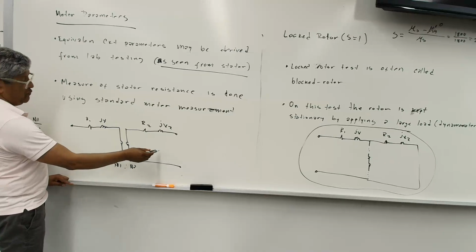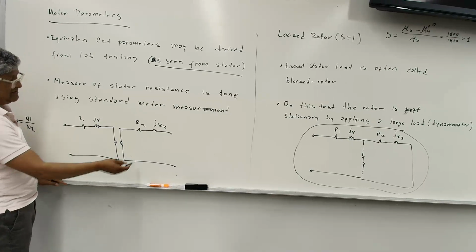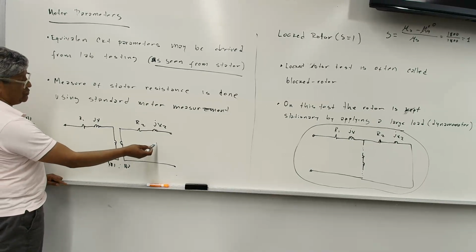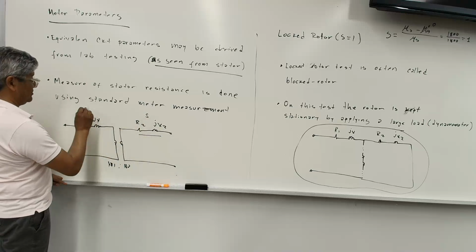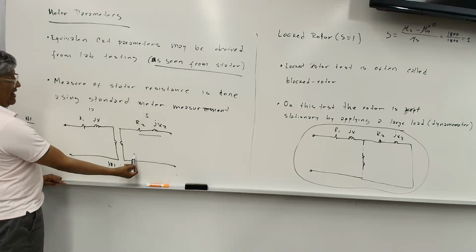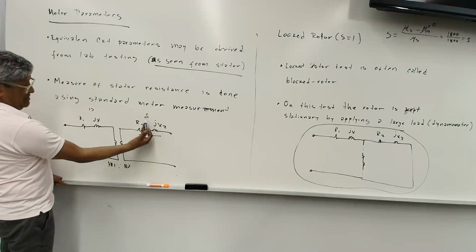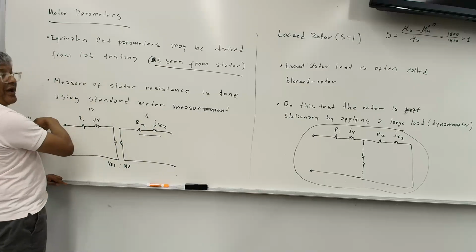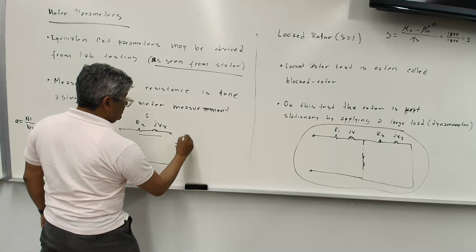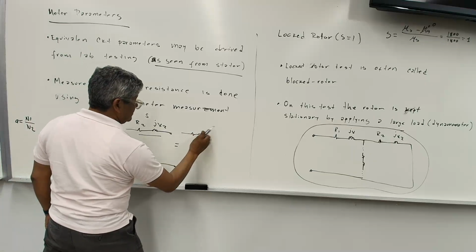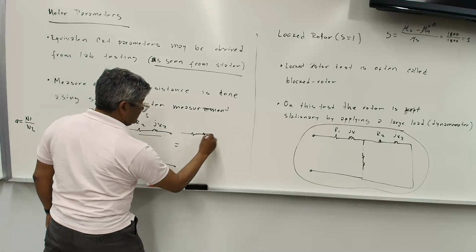One thing that I discussed in the lecture on transformers is that in order to get these parameters from the secondary, this is the secondary, this is the primary, we can translate these impedances to the primary side of the transformer by multiplying. Let's see it this way so that it makes sense.